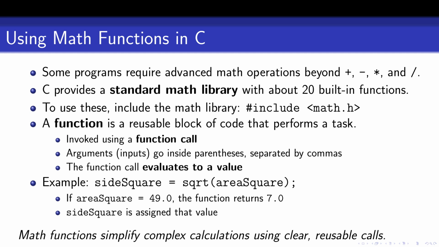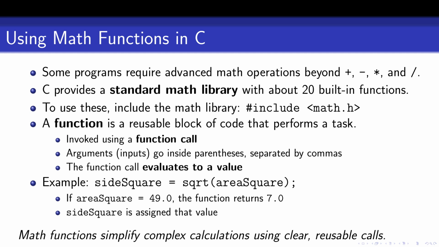Sometimes your program needs to do more than just basic math, like computing a square root or a power. In C, you can use math functions from the standard math library, which provides about 20 common operations. These are called functions, and they work by passing input values, called arguments, into the function call. For example, if you want to calculate the square root of a number stored in area square, you would call sqrt of area square.